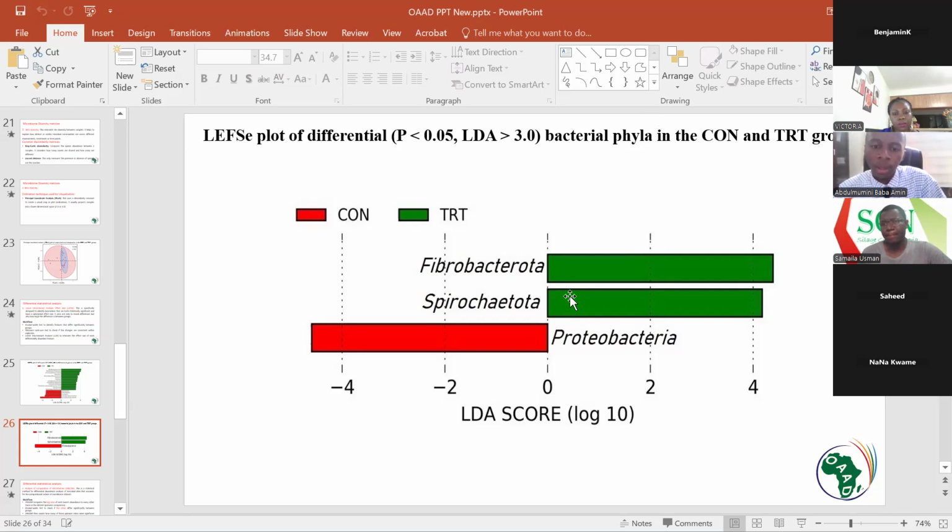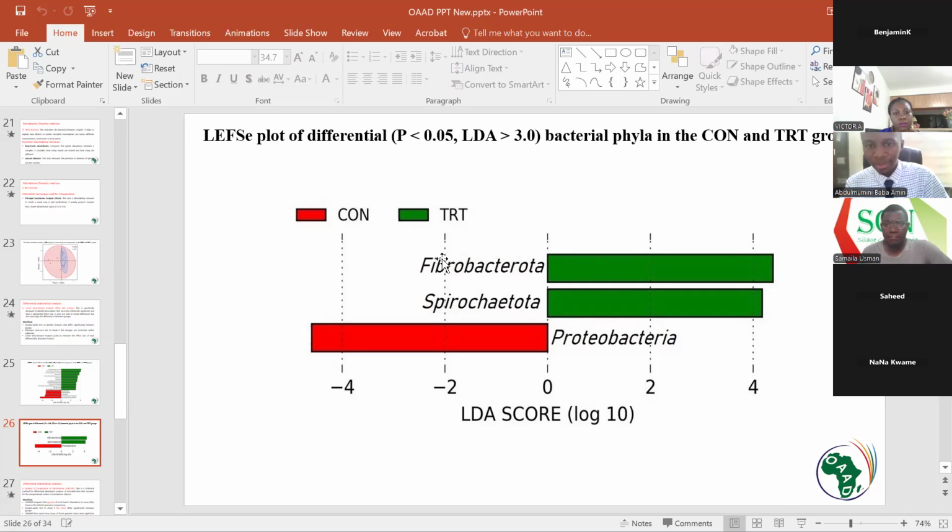And then maybe the green means it is upregulated or increased in abundance. Yes, if what you are saying is that this Fibrobacterota is an increase as far as the TRT group is concerned, while it's a decrease as far as the CON group is concerned, is this what you mean?